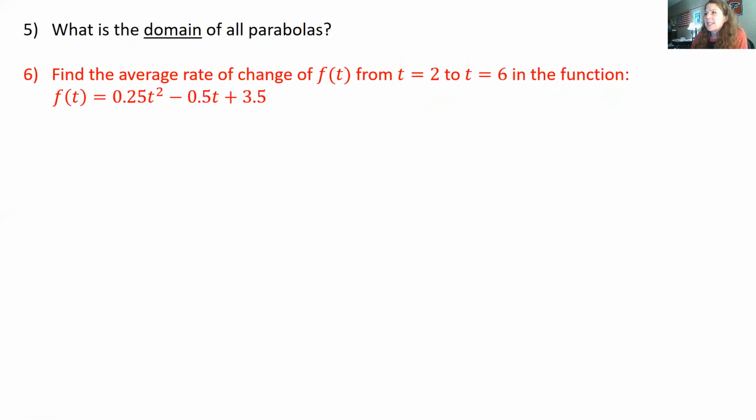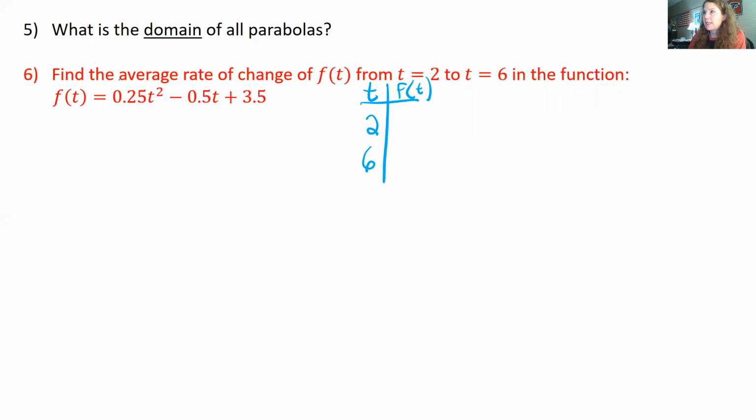Find the average rate of change of f of t when t equals 2 and when t equals 6. So basically, guys, we're going to make a little t chart, and we're going to plug in 2 for t and 6 for t. So I'm just going to plug that straight into my calculator. So 0.25 times 2, oops, nope, that's not right. I messed up. Oh, you guys, it slipped right out of my hand.